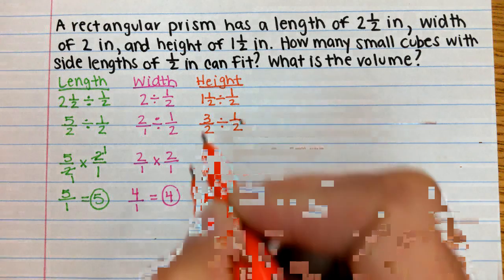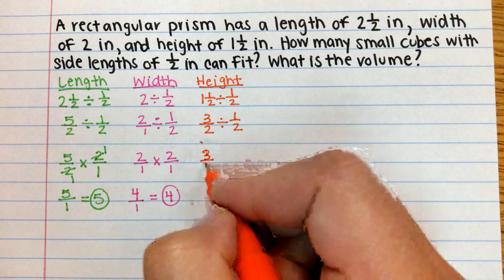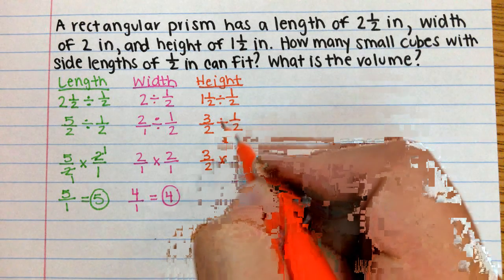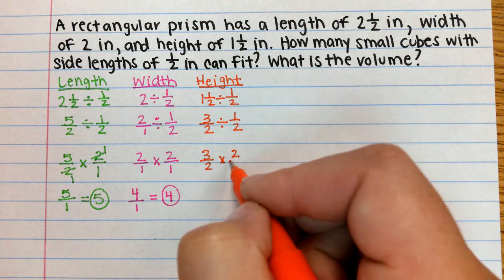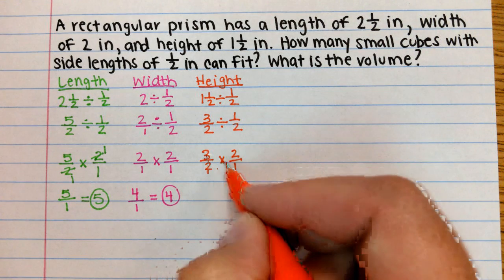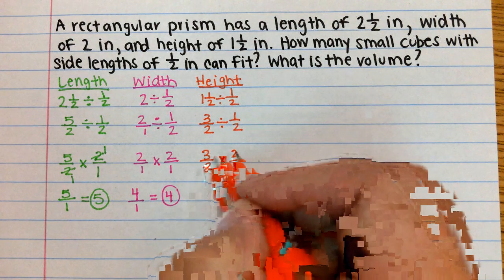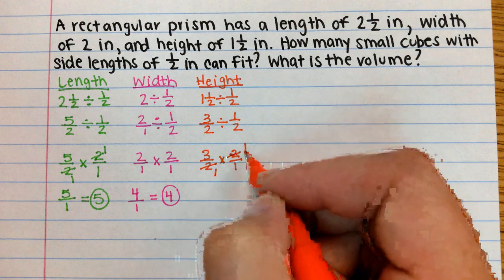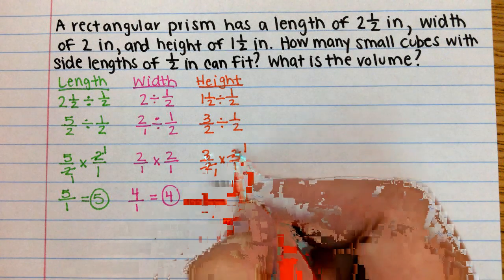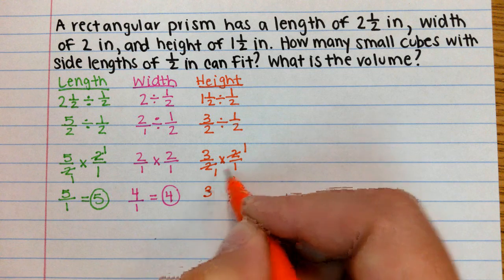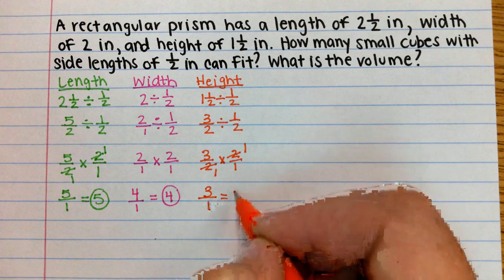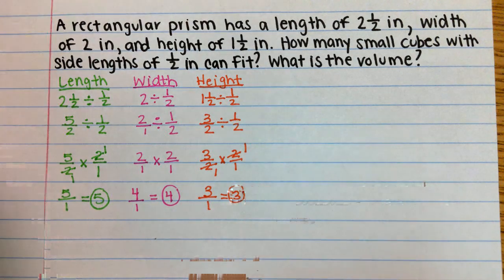And now I do my keep, change, flip. So keep the 3 over 2, change division to multiplication, flip 1 over 2 to 2 over 1. 3 and 1 doesn't simplify, but 2 and 2 I can divide by 2, so I get 1. And then I multiply across. 3 times 1, 3. 1 times 1, 1. 3 over 1 equals 3.